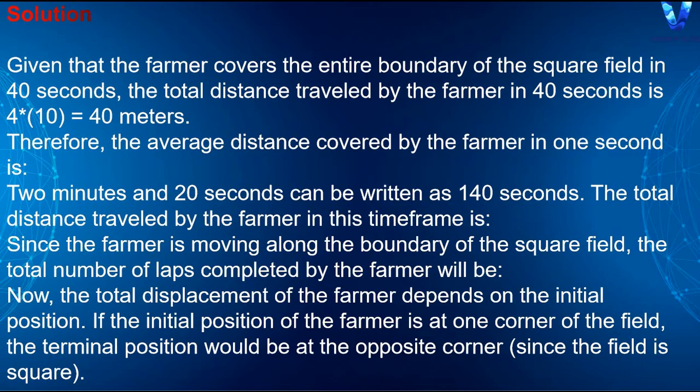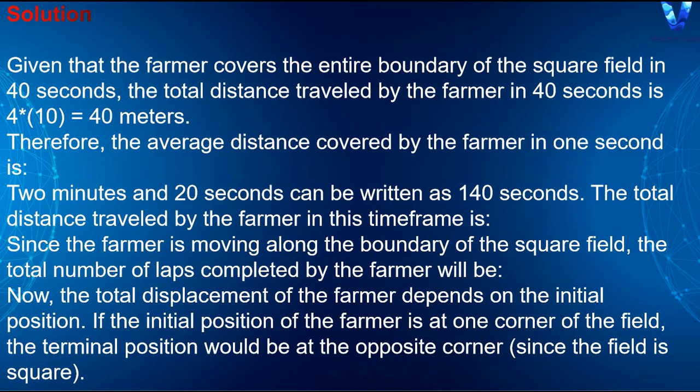So carefully listen. Given that the farmer covers the entire boundary of the square field in 40 seconds, the total distance traveled by the farmer in 40 seconds is 4 into 10, that is nothing but 40 meters.